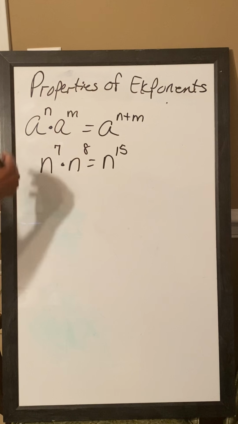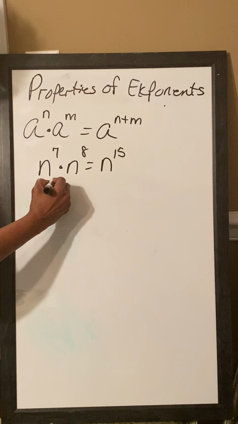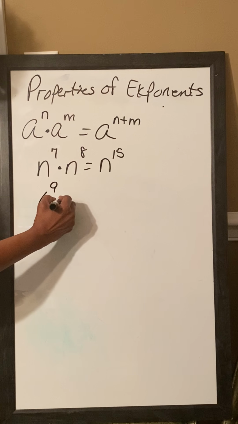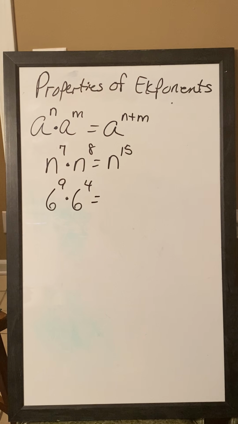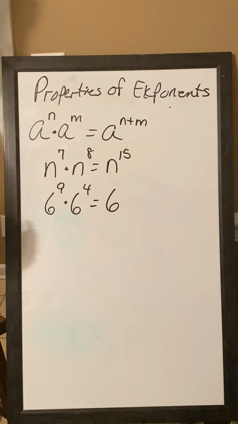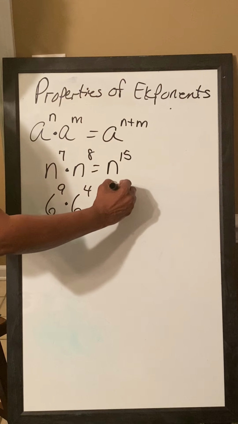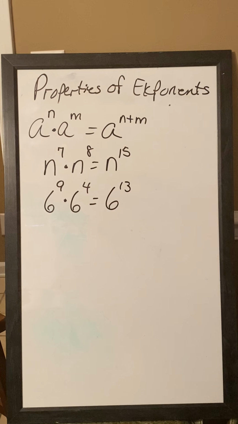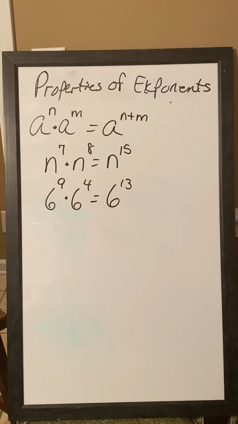Let's do a couple more examples with that. If I had 6 raised to the 9th times 6 raised to the 4th, again, my base on this problem is 6, so I'll bring my base over. I'm going to add my exponents. 9 plus 4 gives me 13. So when you multiply like bases, you're going to add exponents.